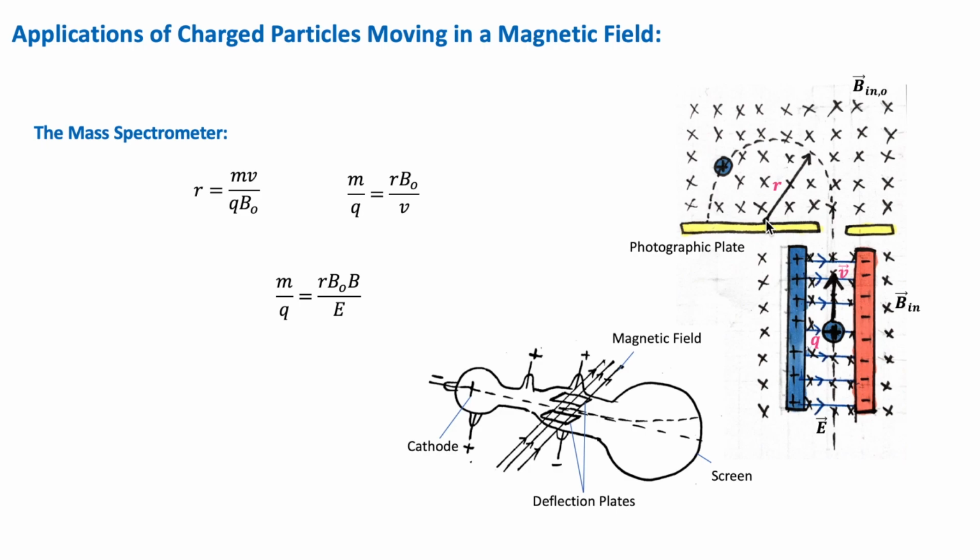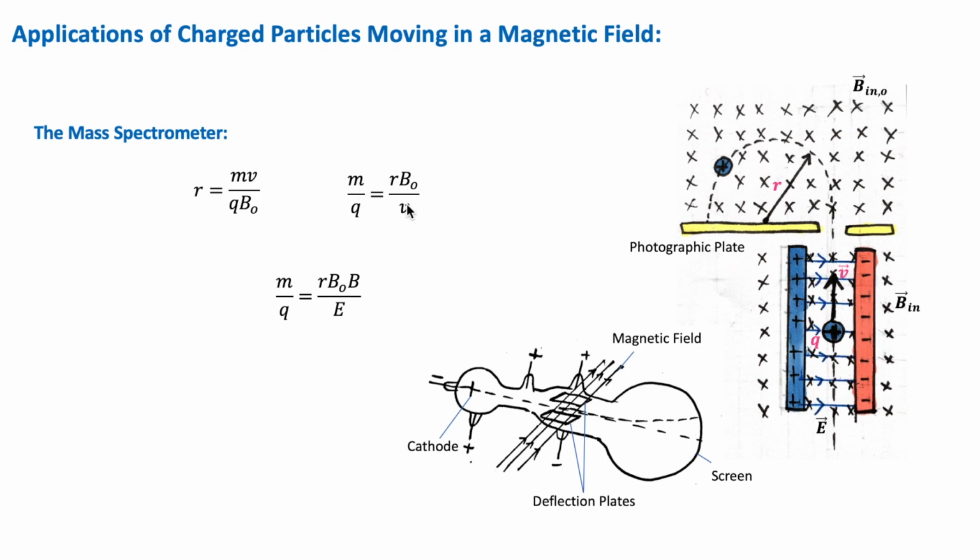And the beam deflects to the left if the ions are positively charged, and it deflects to the right if the ions are negatively charged. And using the equation for the radius of the path, which is equal to mv over qB naught, we get for the mass to charge ratio, m over q is equal to r B naught over v.